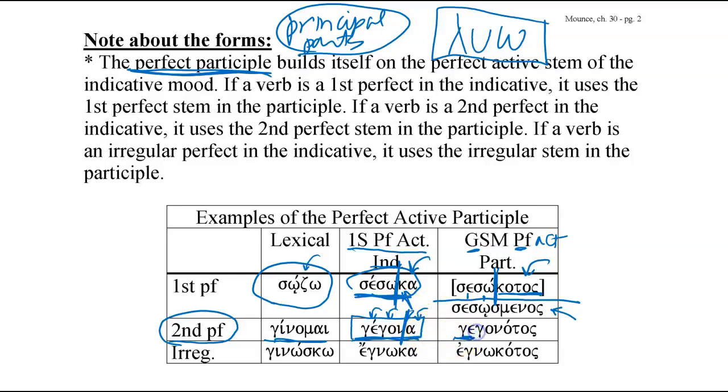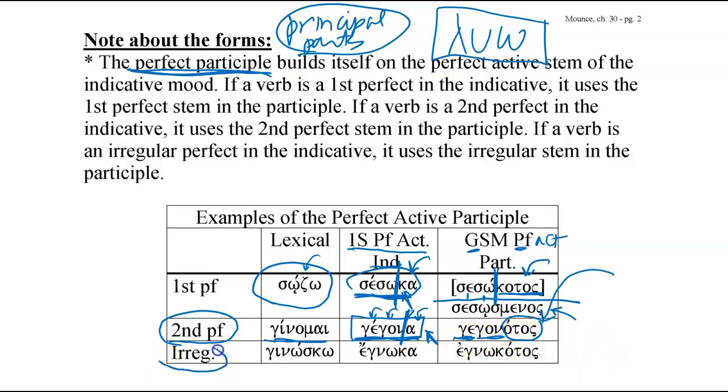Because the perfect indicative uses the second perfect endings, the kappa drops, and these are the second perfect endings for the participle. It just drops the kappa, just like the indicative mood drops the kappa for its second perfect. And the genitive singular masculine perfect participle form is gegonotos.